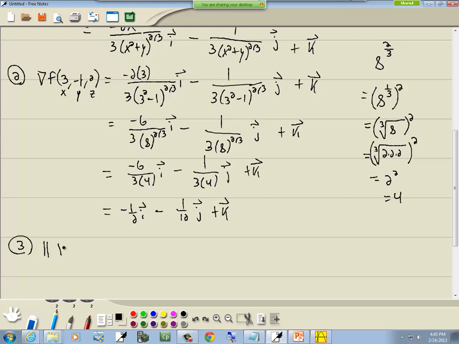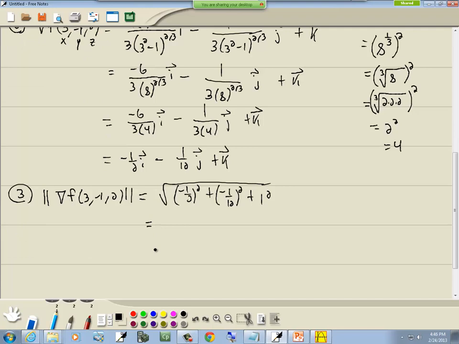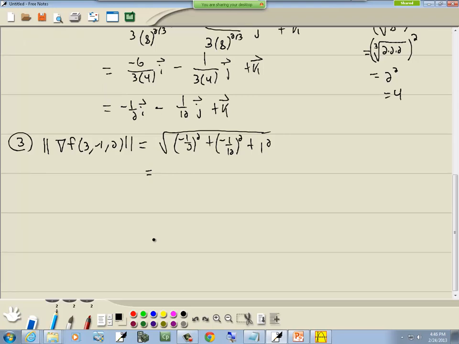Well, now we want to find the magnitude of that. So we'll have the square root of (negative 1/2) squared plus (negative 1/12) squared plus 1 squared. Which gives us 1/4 plus 1 over 144 plus 1.